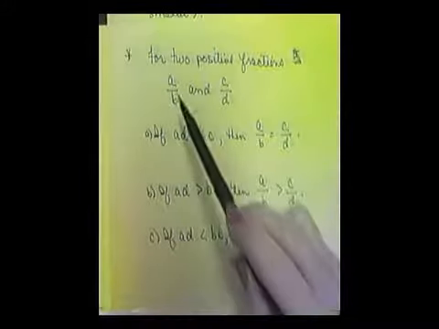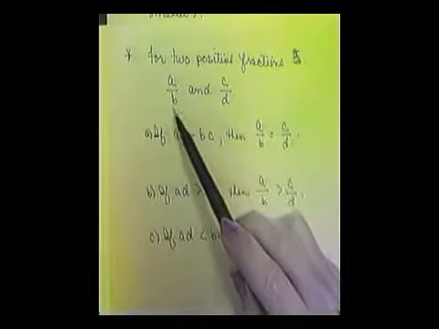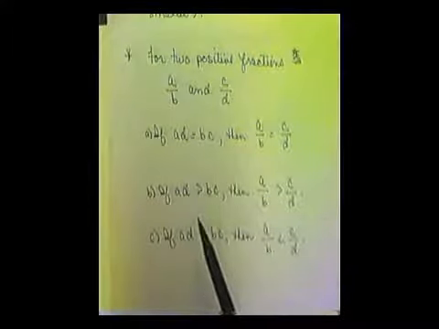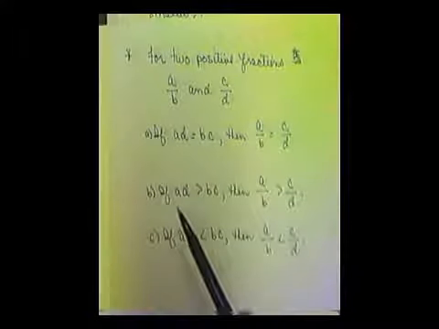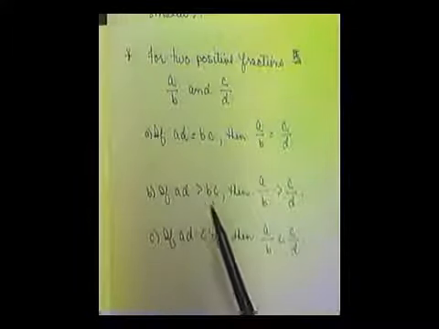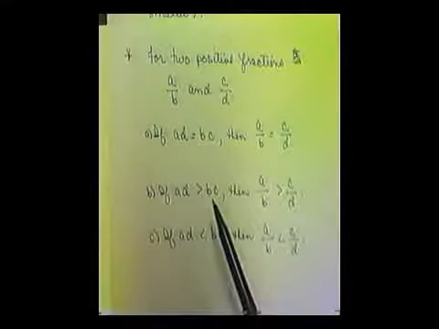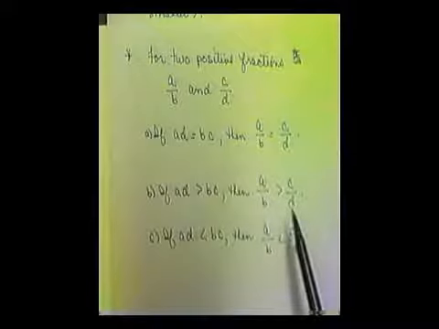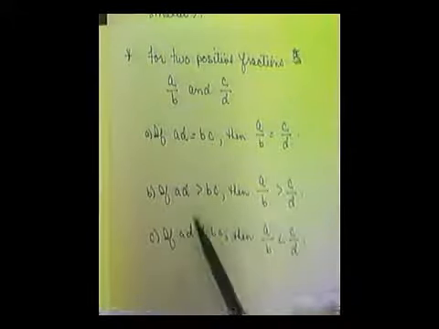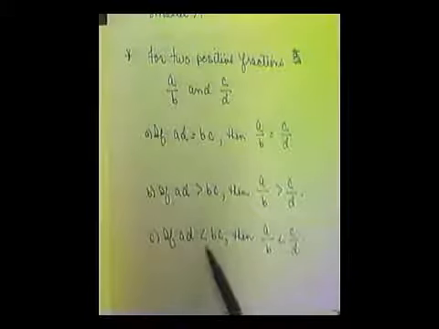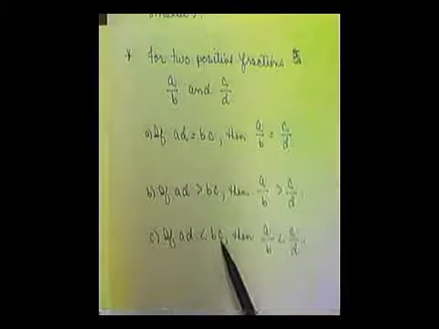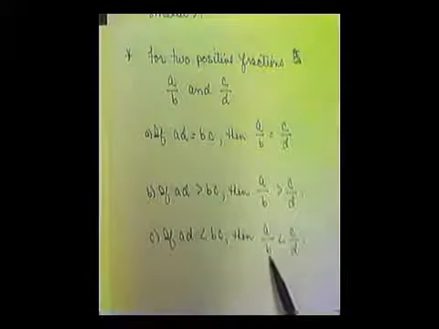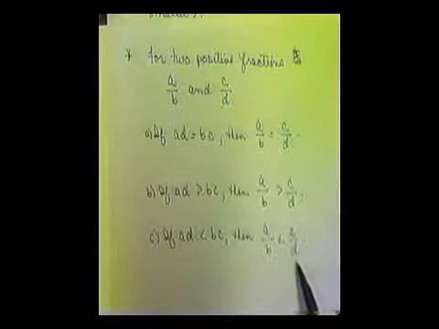Notice that there are cross products AD and BC. If the product AD is greater than the product BC, then the first ratio is greater than the second ratio. If the product AD is less than the product BC, then the first ratio is less than the second ratio.